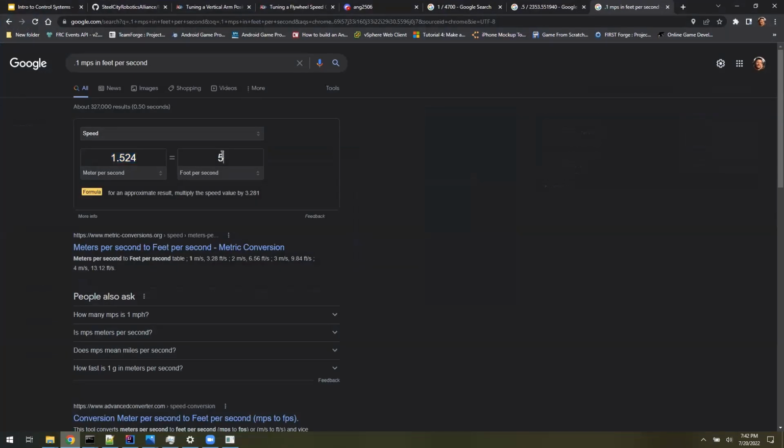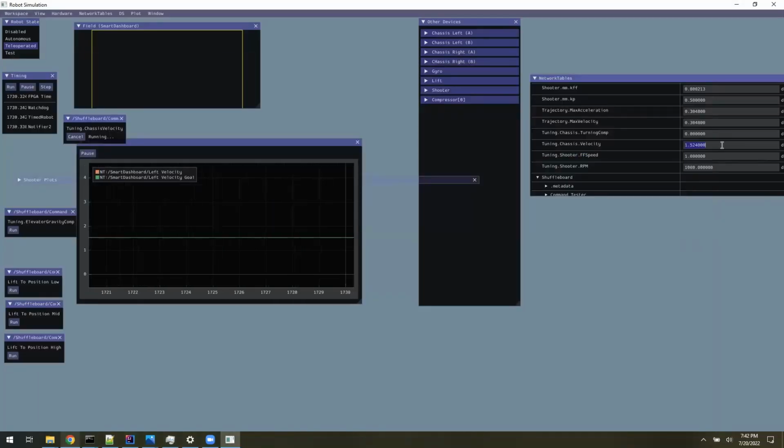Let's see what it does at 8 feet per second. Can it still keep up? So it lags a little bit now, and quite frankly, there's not much we can do about that. We could retune KFF.